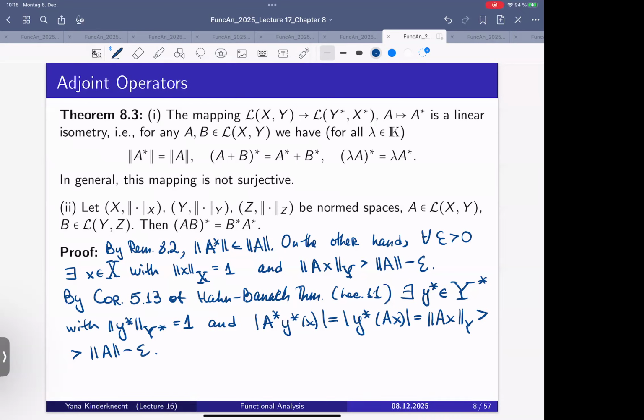So what we have is that this is bigger than the norm of A minus epsilon. So hence the norm of A star, the operator norm of A star, is by definition the supremum over all y star with norm of y star smaller or equal to 1.